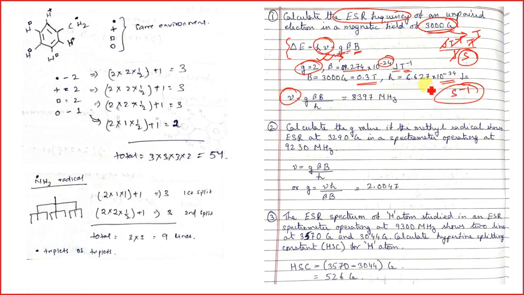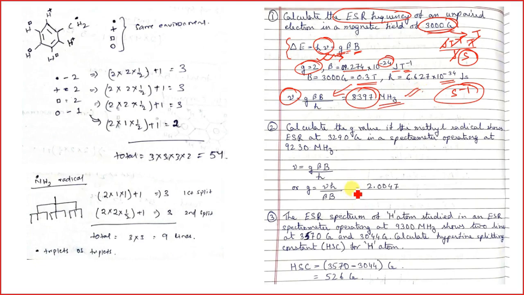So whenever you do it like this, please check whether the units are cancelling out or not. This will give you the confidence whether you are going in the right way or not. Once you put these values over here, you get the value in megahertz, and this would be your value.